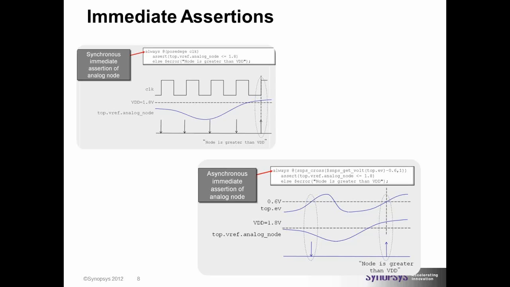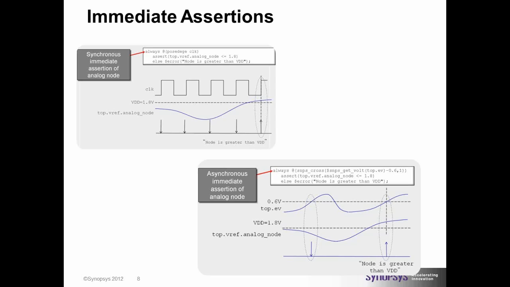So this assertion will be checked synchronously at every clock, and once this node is less than or equal to 1.8, that's fine. If it exceeds that value, there is a $error or an error display on the console saying that the node has reached a value which is greater than VDD, and it is not supposed to do that, right? So again, bottom line, the idea is you can now use these analog nodes as simple real variables and be able to write assertions on them.